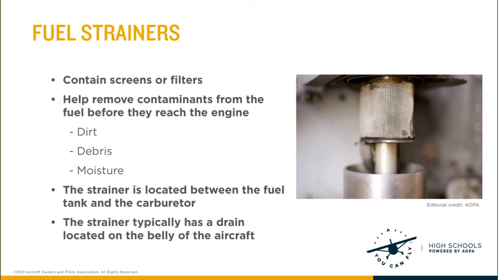You don't want the strainer to fill up and not be able to strain out any more fuel or contaminants, because then those contaminants will go straight into the engine. So part of the pre-flight check is to make sure that the strainer is drained of any contaminants from the fuel line.